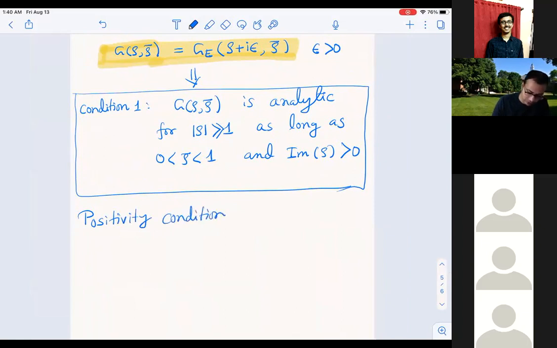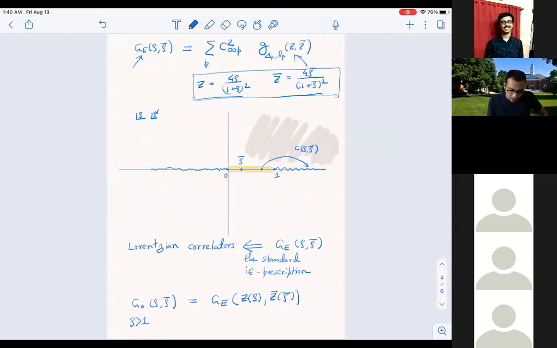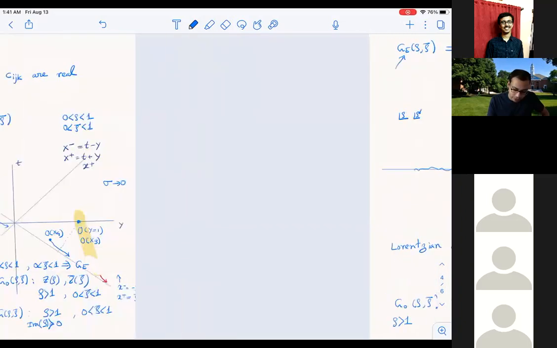Sandipan, can I ask you a very naive question here? There is an apparent singularity at zeta, or whatever variable you're calling. Is that rho or zeta? G of rho and rho bar, or zeta and zeta bar? Rho and rho bar. Okay, rho at -1. There is an apparent singularity. What is the meaning of that? Rho equals -1, you said, right?